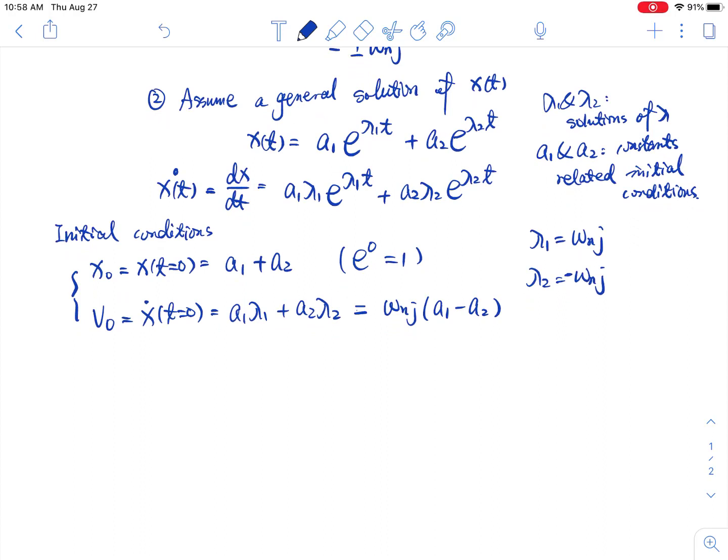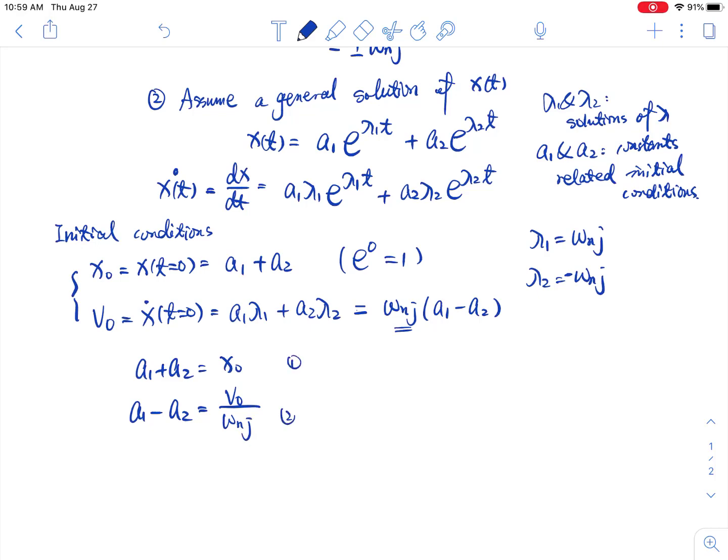All right. So after that, we can solve the equations to find a1 and a2. So to solve these equations easily, you can move the ωn j term to the left hand side, and you would have a1 plus a2 equals x0, and a1 minus a2 equals v0 over ωn j.